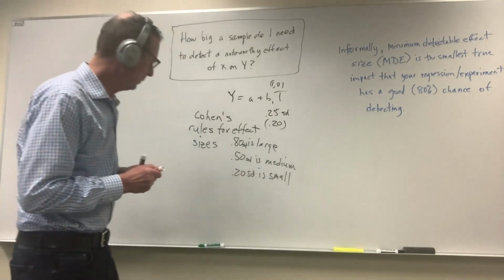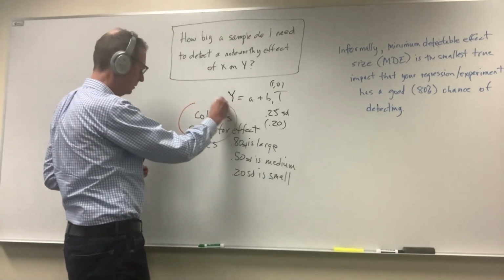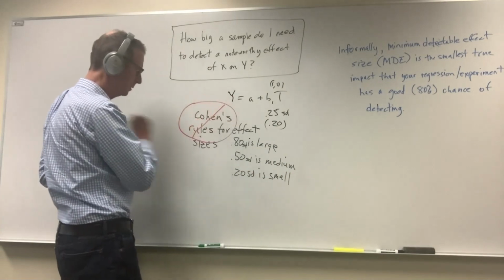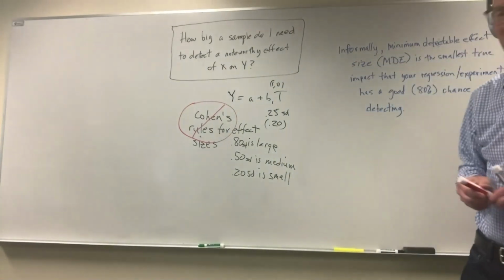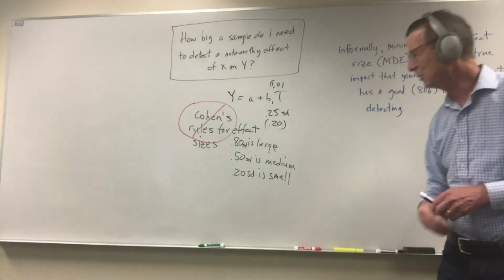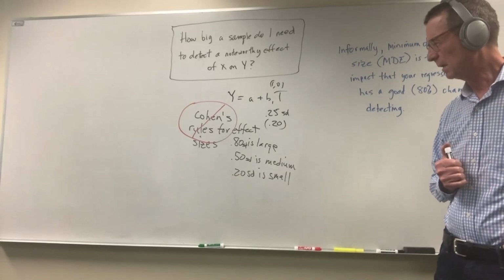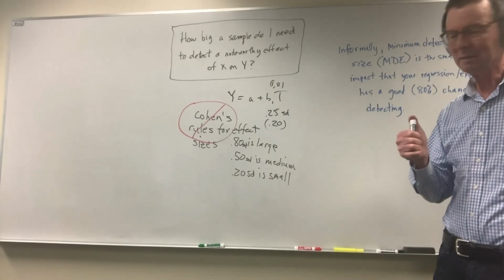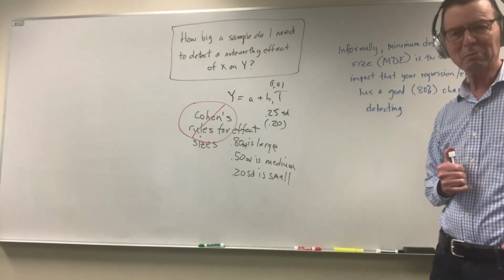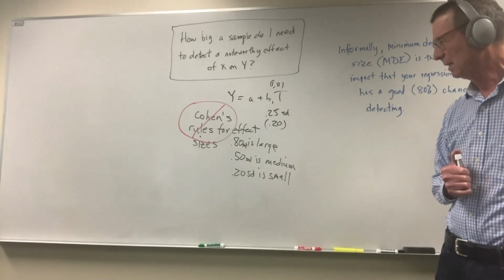So what do I think of Cohen's rules? Well, that's what I think of Cohen's rules. It doesn't make any sense. It comes from psychological research where, partly where, if you run these little experiments and look 10 seconds after the experiment's done, you can get these much bigger impacts.